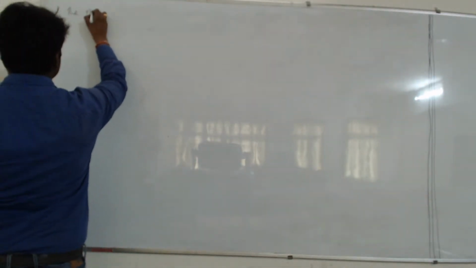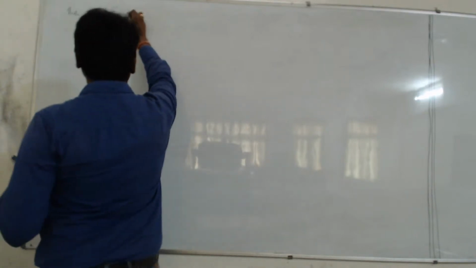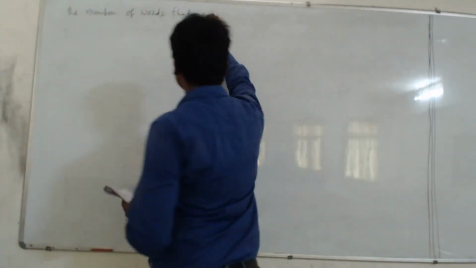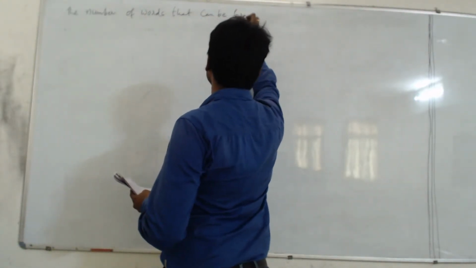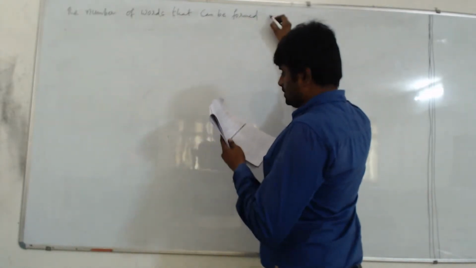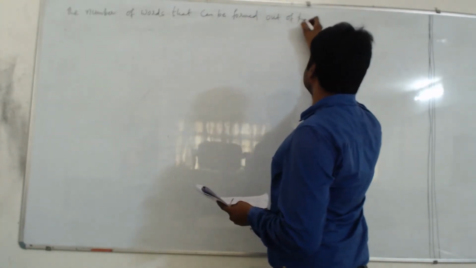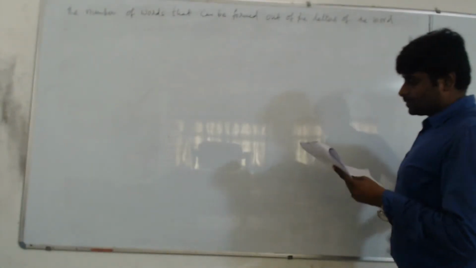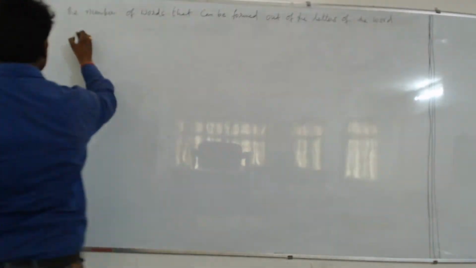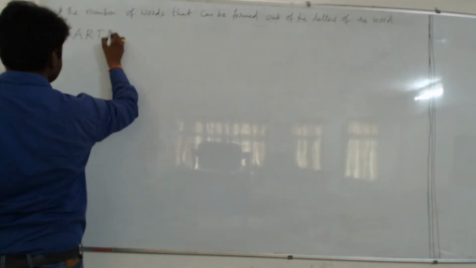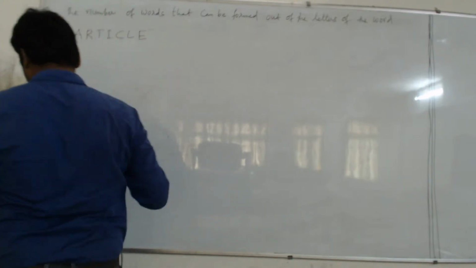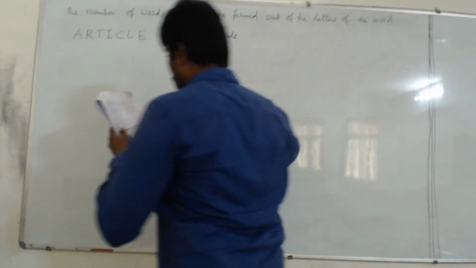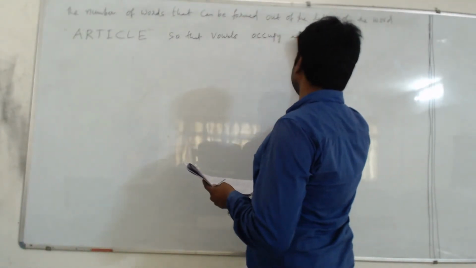Now, the number of words that can be formed out of the letters of the word ARTICLE so that vowels occupy even places.